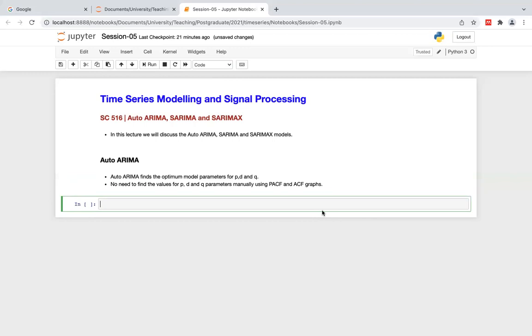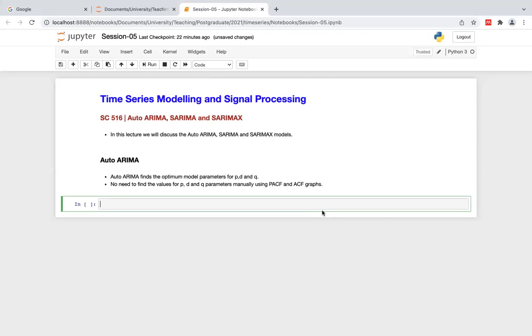Using AutoArima, we are going to automate the identification of the best parameters, the optimum parameter values for the ARIMA model. We will discuss how we do that. It is the same ARIMA model: we have the autoregressive part, the moving average part, and an integration as well.